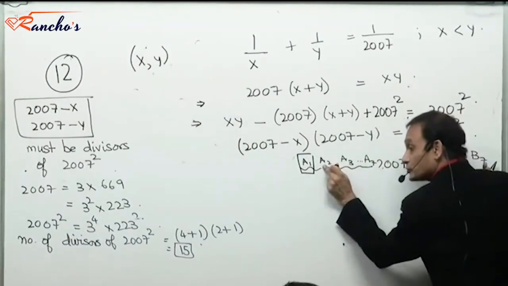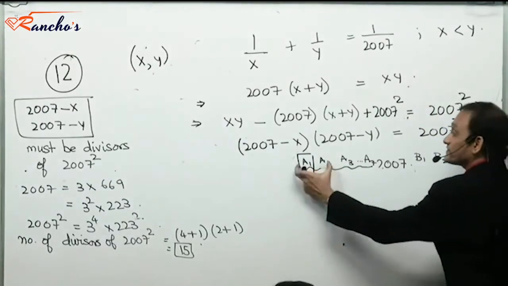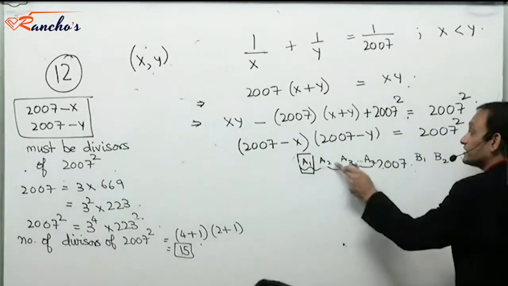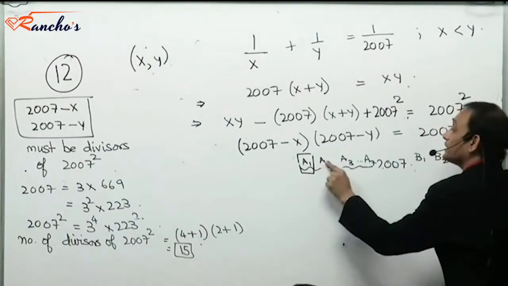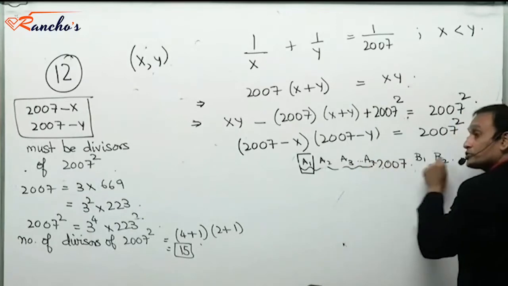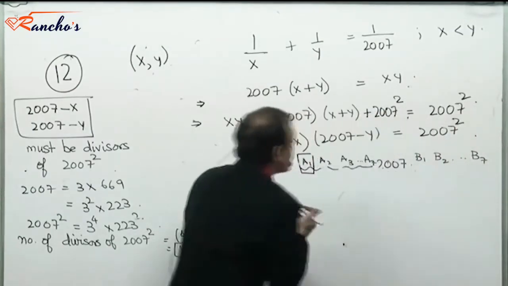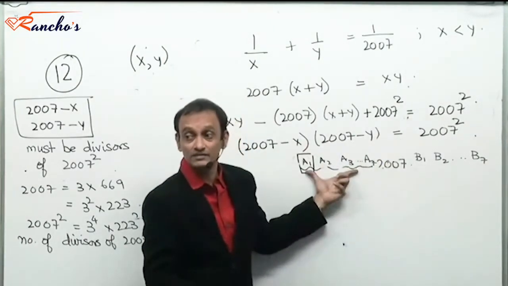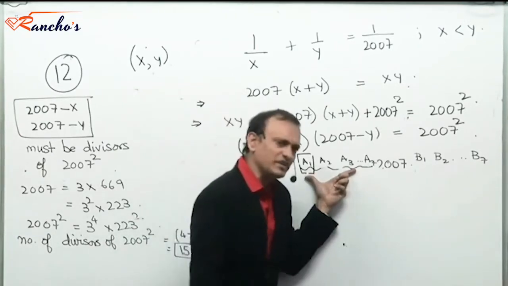Or I could have selected A2, or A3, and then the rest as the second factor. You know what I'm saying? So the first number could have been A1, A2, up to A7. There are only 7 ways.